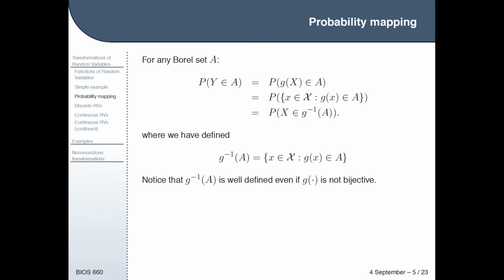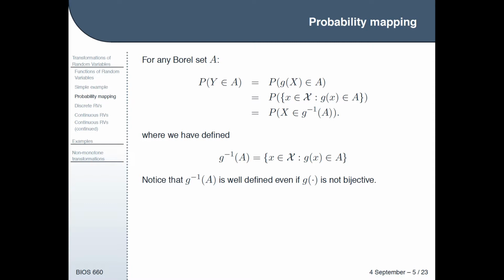I guess I shouldn't say the original sample space; this is actually the real valued sample space for random variable X, not the sample space for the underlying process of interest.